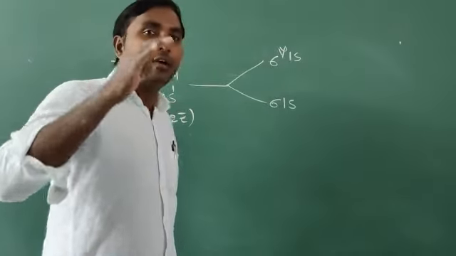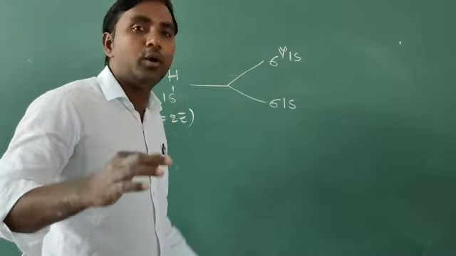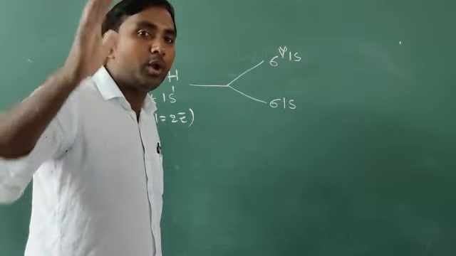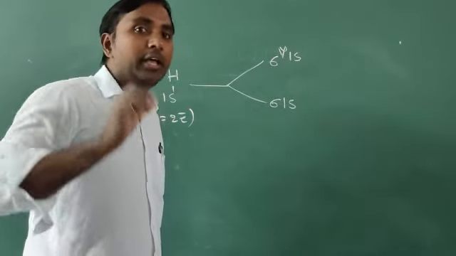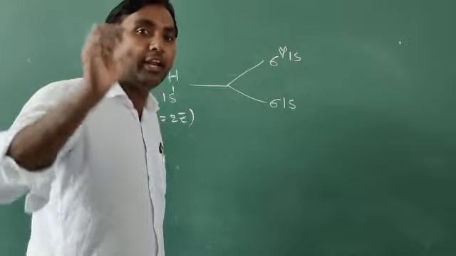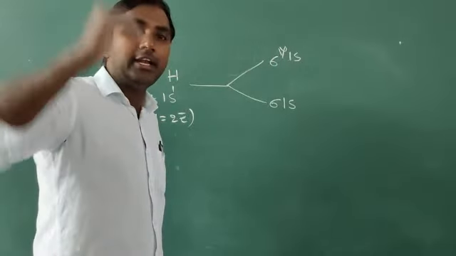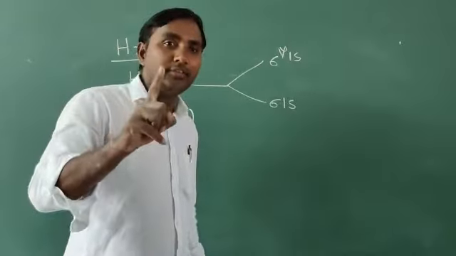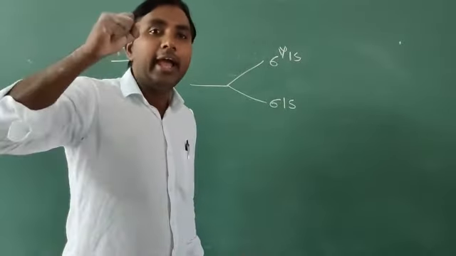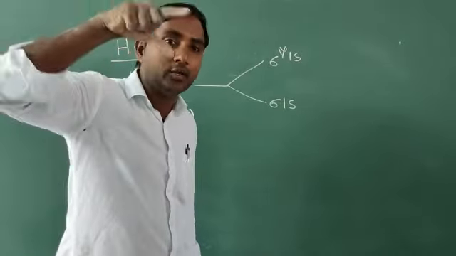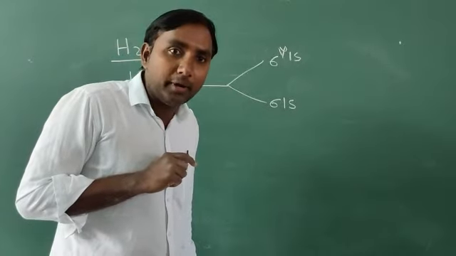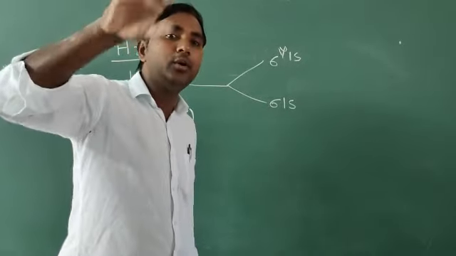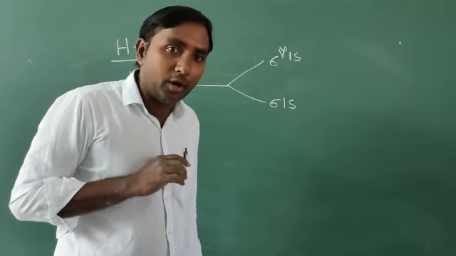First of all, we have to follow the Aufbau principle. What is the Aufbau principle? Electrons first enter into lower energy orbitals, then into higher energy orbitals. That's why in MOT, electrons first enter into bonding molecular orbitals, then into anti-bonding molecular orbitals.